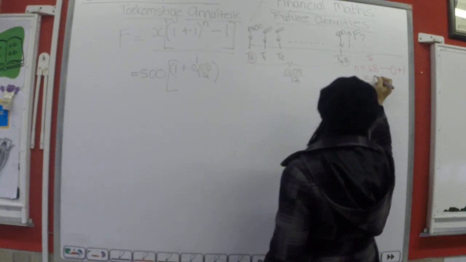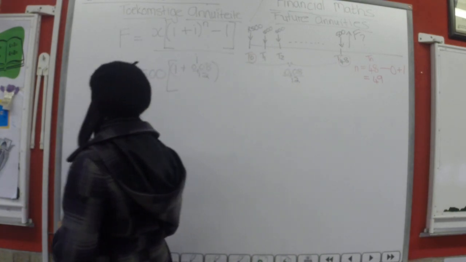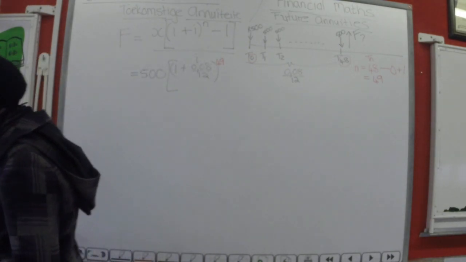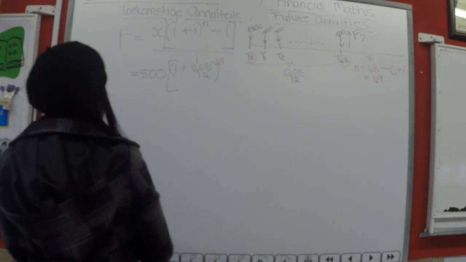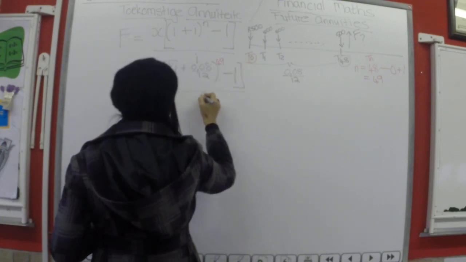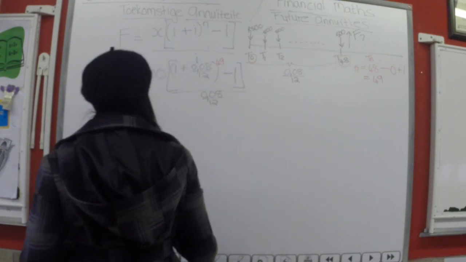That gives us always our N, 49. So now I'm going to substitute my 49. I'm going to minus my 1. And I'm going to divide with my interest rate compounded monthly.